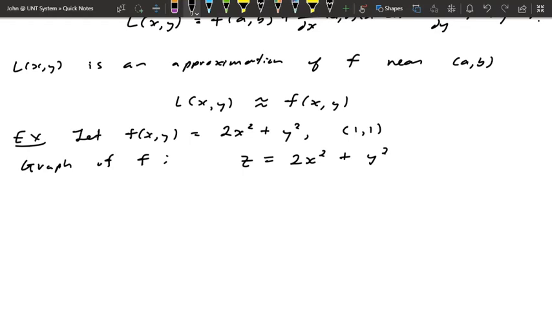So let's write down the equation for the tangent plane of f at this point. So we calculate the partial derivatives of f.